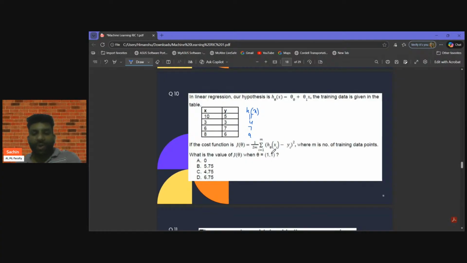And what you need to do is, you can see directly over here: (11 minus 5) squared plus (4 minus 3) squared plus (7 minus 7) squared plus (9 minus 6) squared, divided by what? 2m. How many data points do we have? 4, and 4 into 2 is 8. So you can just calculate it and get the answer.